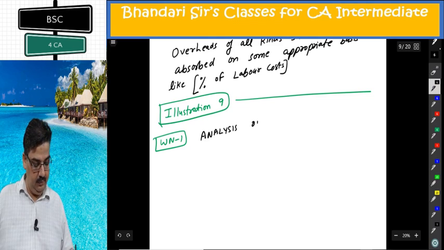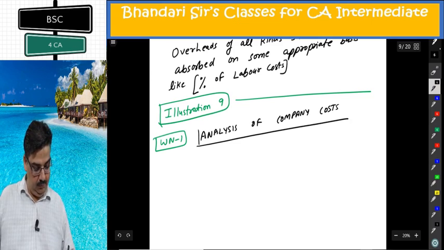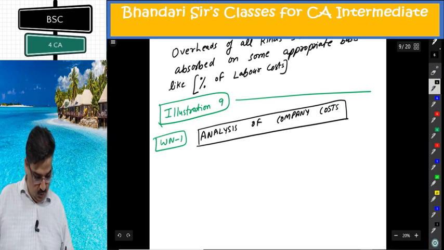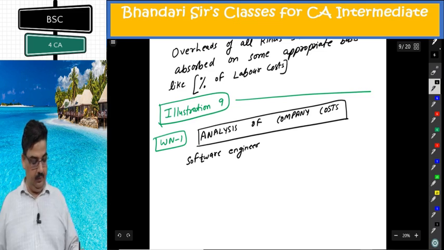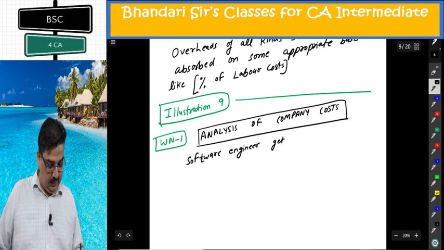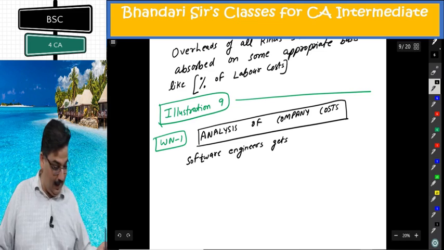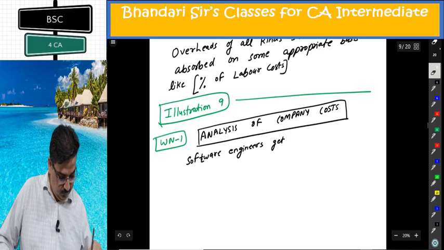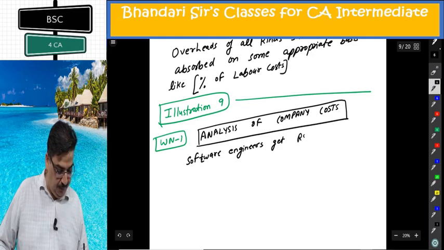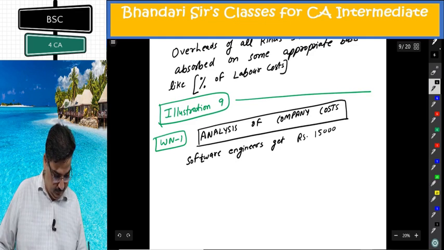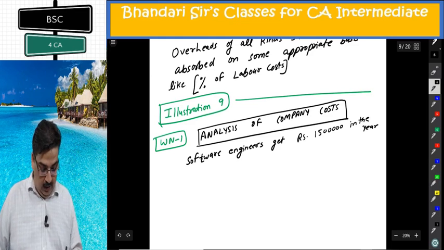Analysis of company costs. Software engineers get rupees 15 lakh in the year. How many engineers? 5.